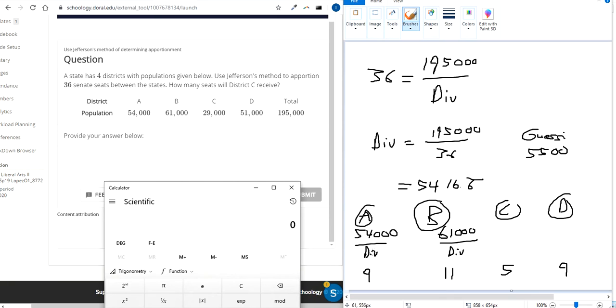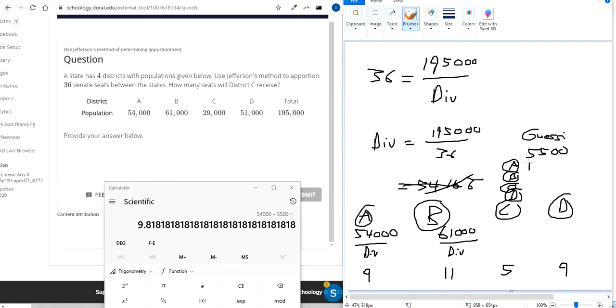So if we do that, you've got your A, B, C, and D categories. We'll find out how many senators they get if we cancel out the old divisor and use our guess. So 54,000 divided by 55. Sorry, I think I said 55,000. It's obviously 5,500.